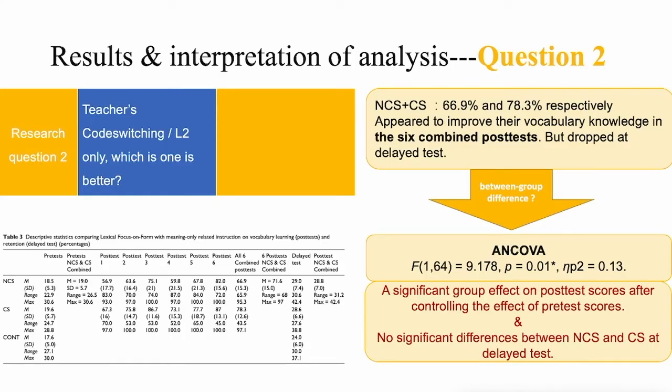For the second question, from the data of NCS and CS in Table 3, it is evident that lexical focus-on-form appeared to improve their vocabulary knowledge in the 6 combined post-tests, but dropped at the delayed test. In order to test whether there are between-group differences, by ANCOVA, they found that there was no significant group effect on post-test scores after controlling the effect of pre-test scores.